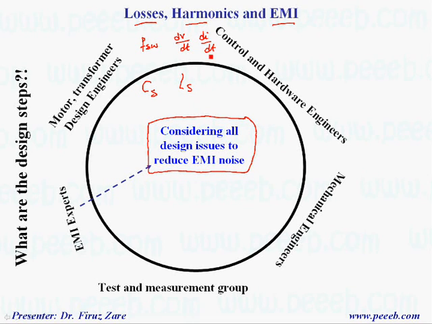So these are quite important when we design, and if we can optimize these parameters, that means we can optimize the system based on these three factors: losses, harmonics, and EMI.